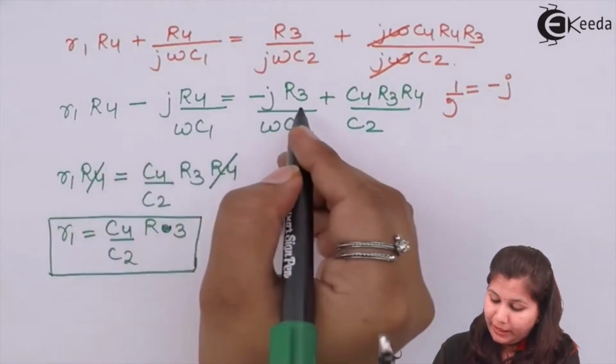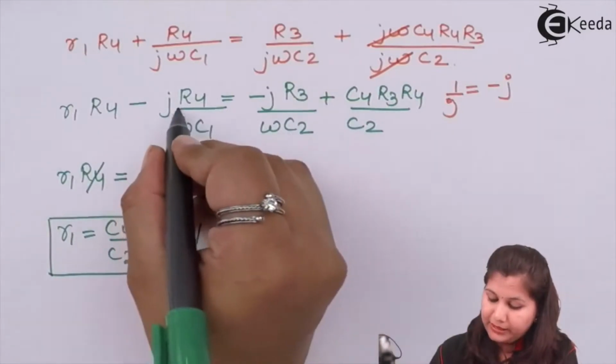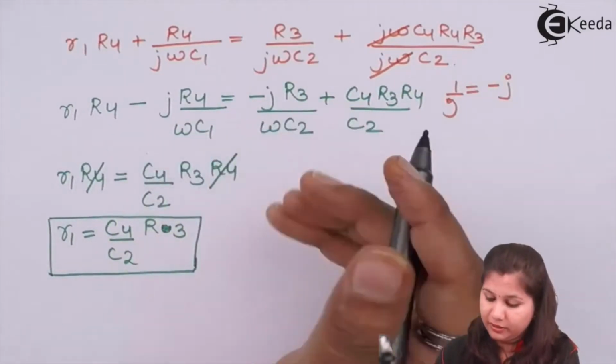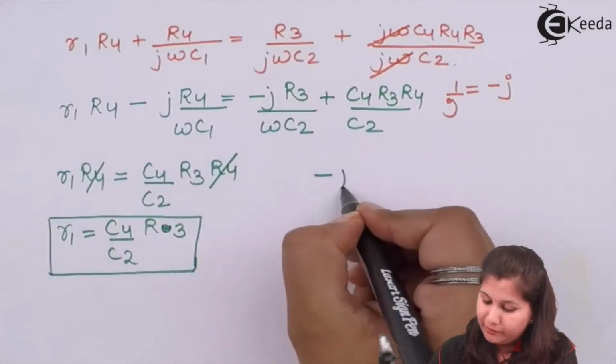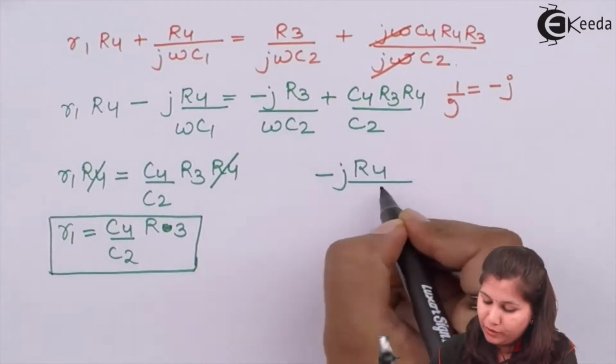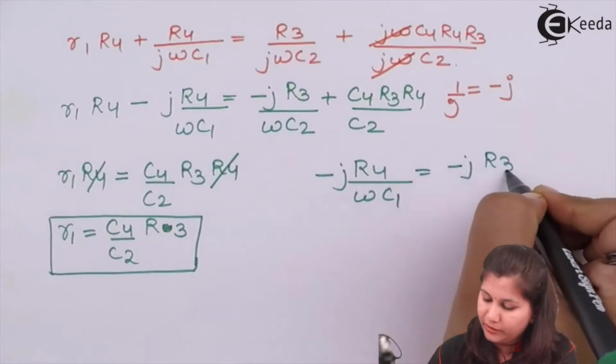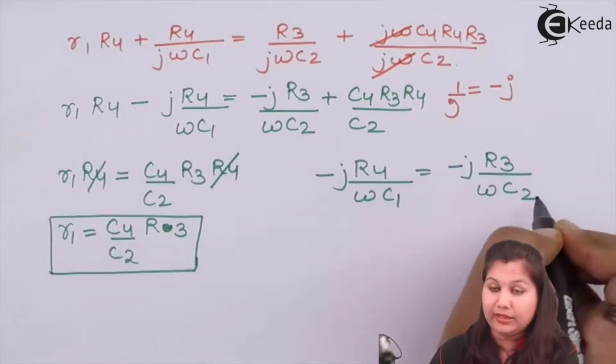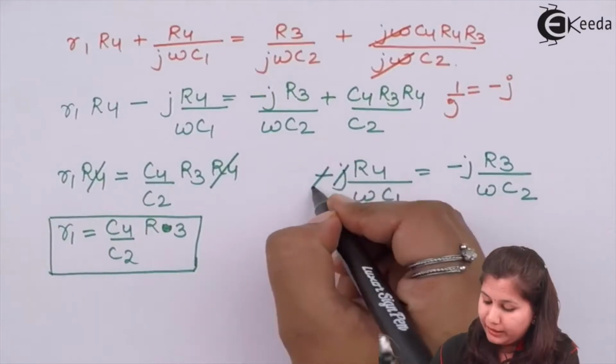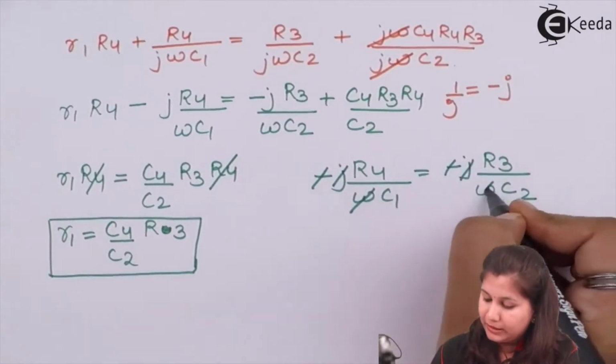If we equate the imaginary parts, that is the part having the j omega terms, we will get minus j R4 upon omega C1 equals minus j R3 upon omega C2. Minus j and omega will be cancelled.